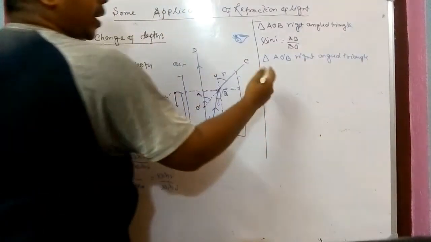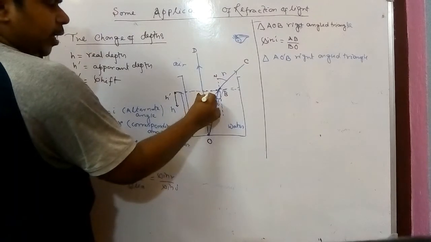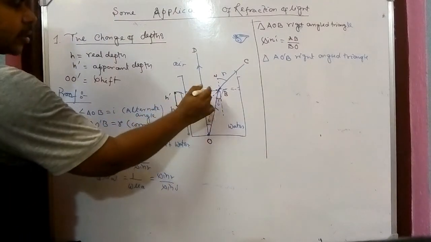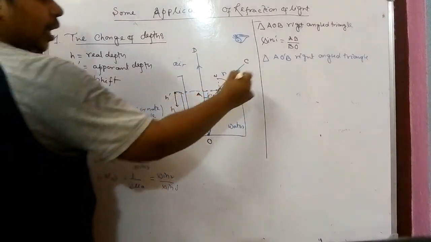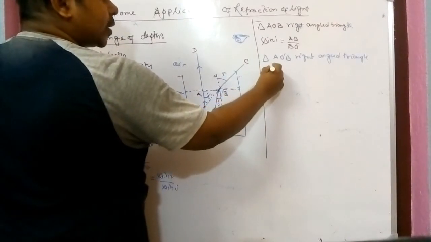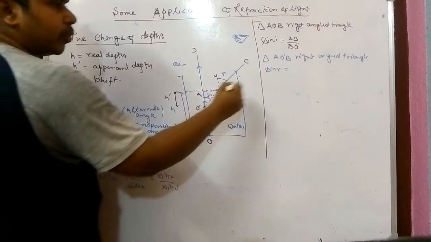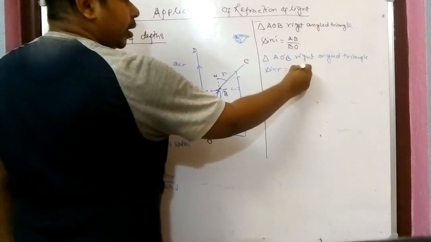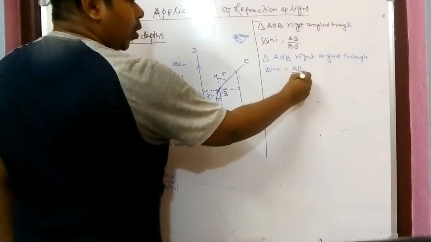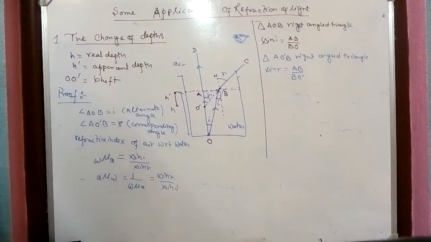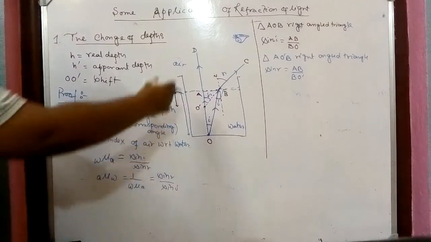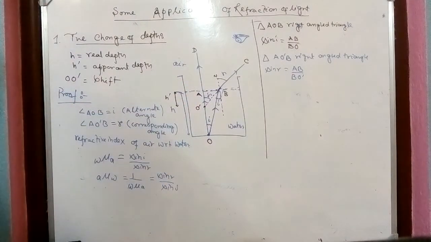So if this angle is, I'm sorry, it is r, as it is r, we can write that sin r is equal to perpendicular by hypotenuse, that is AB by BO'. Clear? So we have found sin i and sin r from these two triangles.